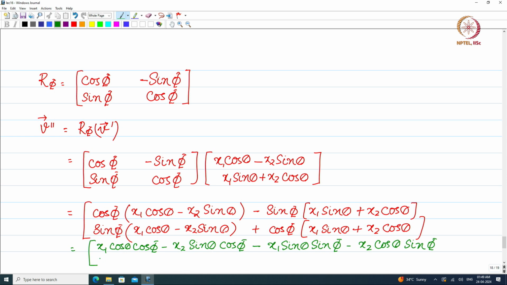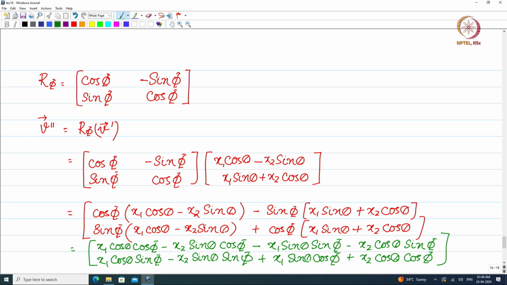Similarly, we get here x1 cos theta sin phi minus x2 sin theta sin phi plus x1 sin theta cos phi plus x2 cos theta cos phi.